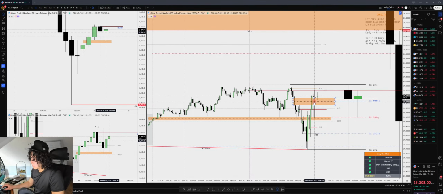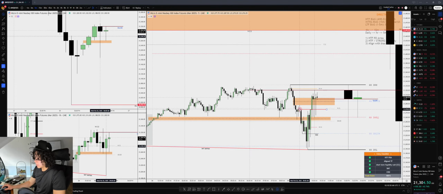You see the wicks though. The wicks definitely did a lot of damage. As you can see, we just traded 3 times back down into this 5-minute order block, and then we respected it with the body closures above, even the CE of this 15-minute gap.